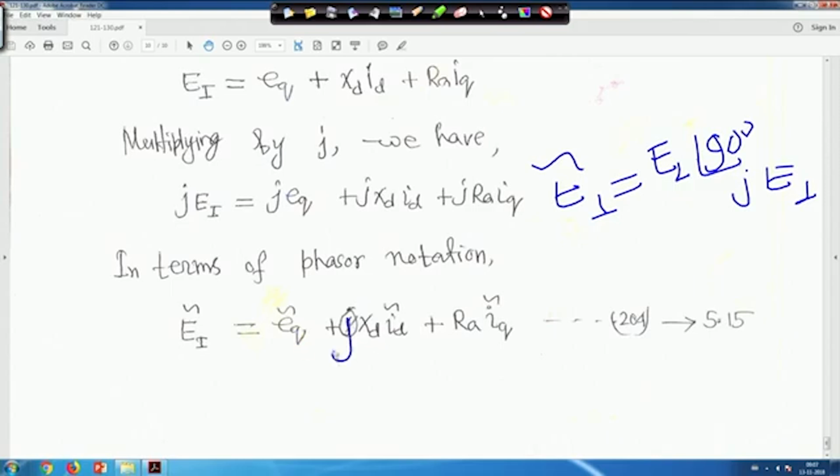But this j will be there for j x d I d also, because the q axis is leading the d axis by 90 degrees.